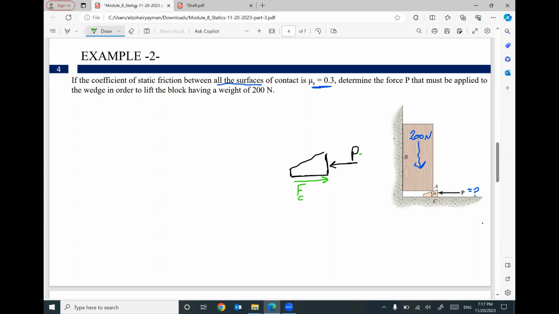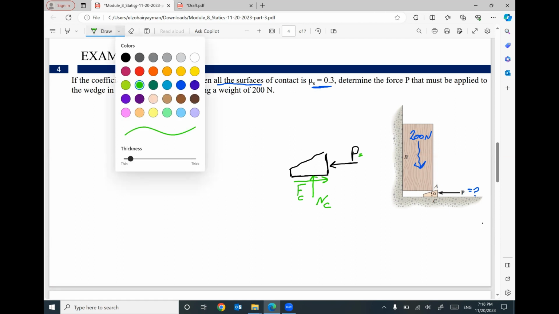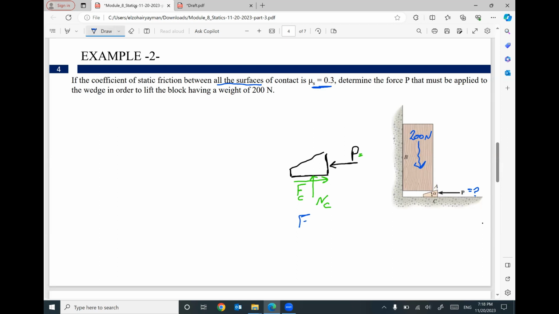Since the applied force is trying to push your wedge to the left, FC will be to the right. And also I have a force perpendicular to the surface of contact, called capital N at C. So far, so good. And also FC will equal mu times capital NC. I can remove mu and put 0.3, so the value of FC will equal 0.3 NC.